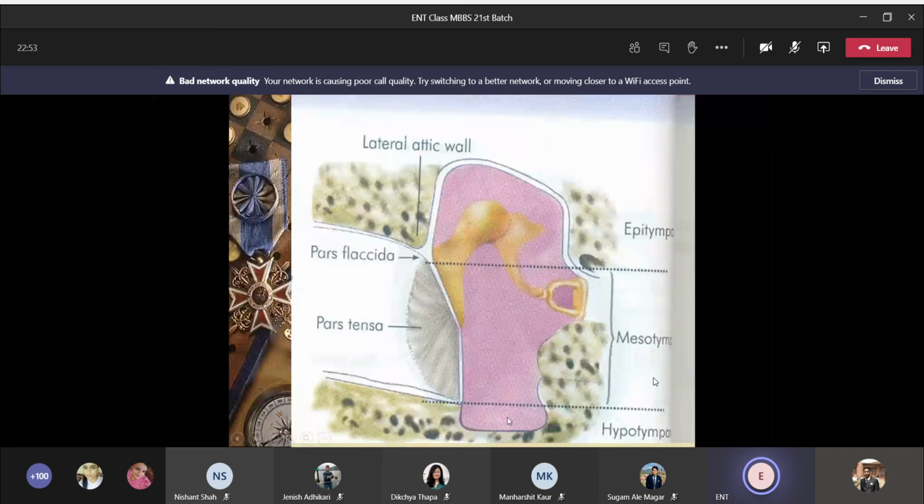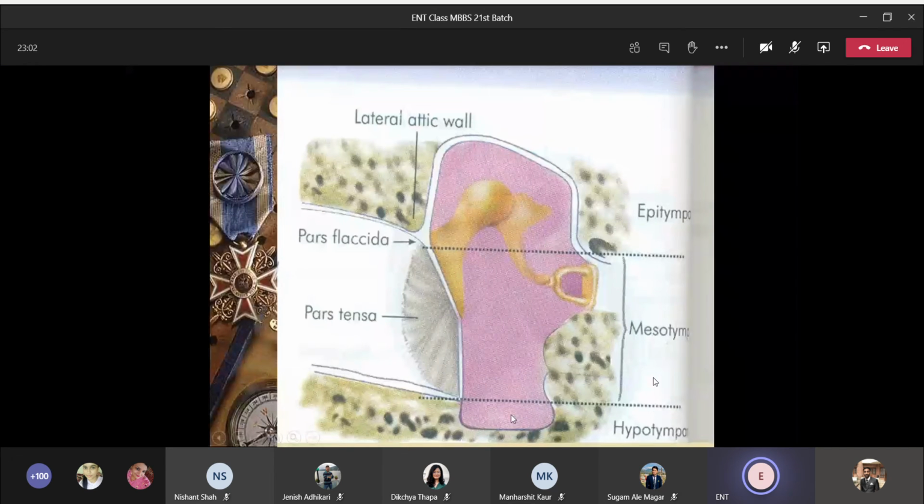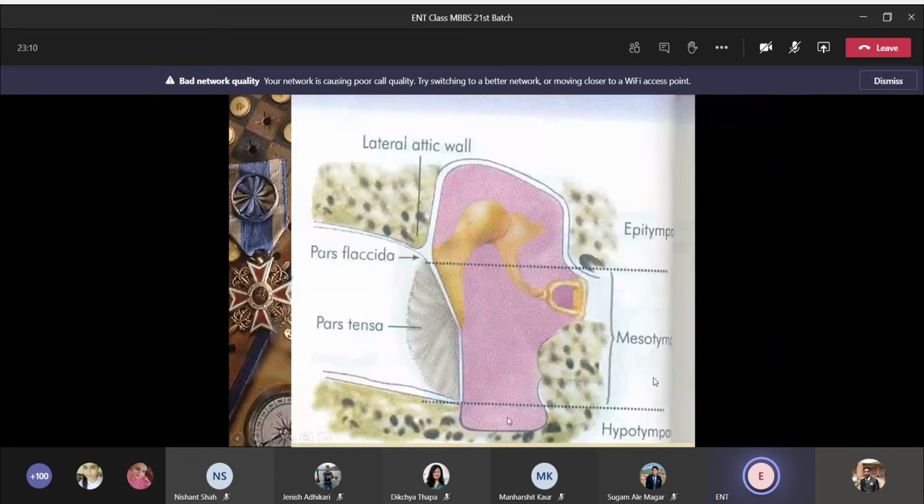It is separated by bone, and the hypotympanum is separated by a thin plate of bone from the jugular bulb. During surgery, there is a high chance of trauma to the jugular bulb, which causes extensive bleeding.